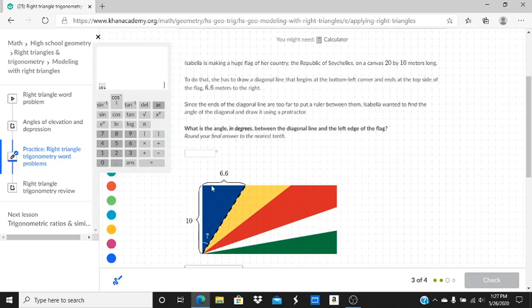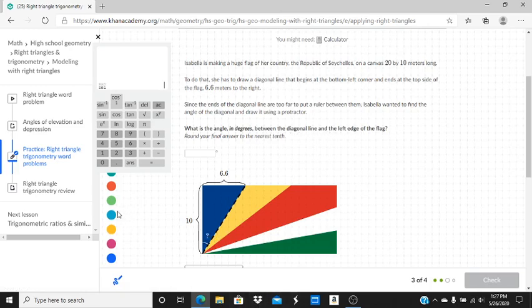Okay, so she has to do this. Since the ends of the diagonal line are too far to put a ruler between them, Isabella wanted to find the angle of the diagonal and draw it using a protractor. What is the angle in degrees between the diagonal line and the left edge of the flag?